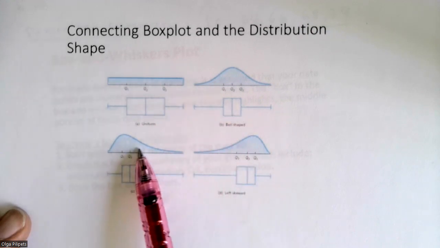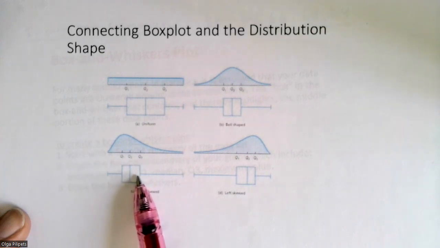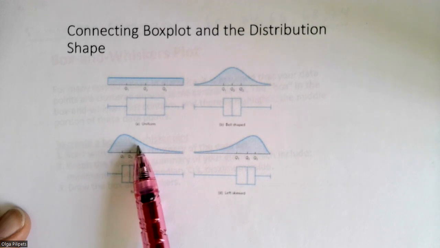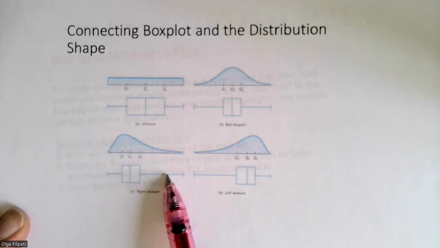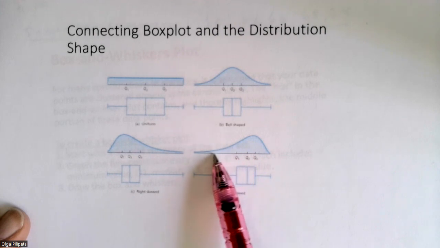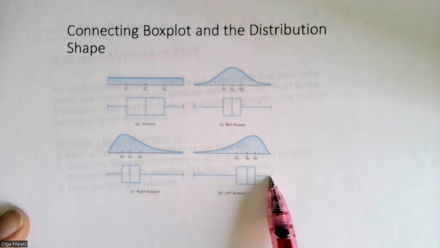When the majority of our data is located on the left side, then the box is going to be on the left side. So this data set is skewed to the right, and so the right whisker is longer than the left whisker. Now, if your data is skewed to the left, then we have the left whisker that's longer than the right whisker.